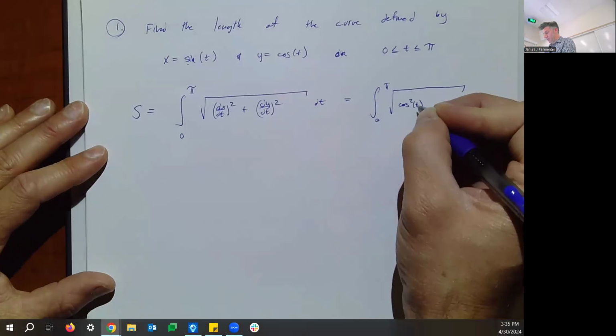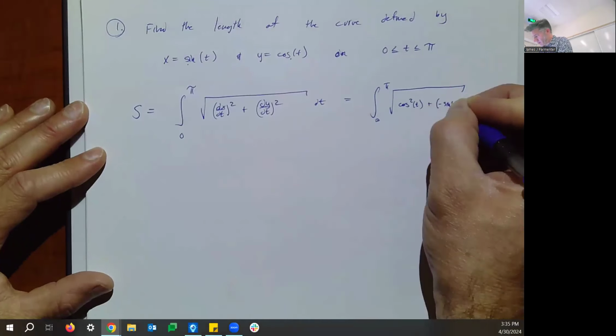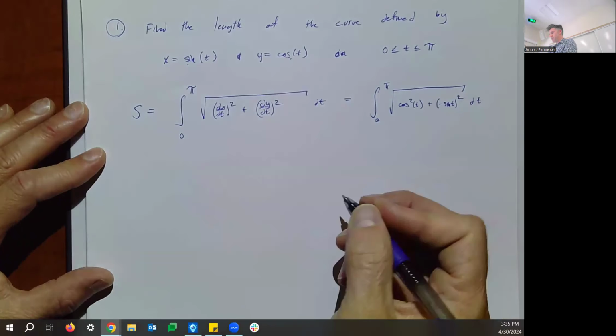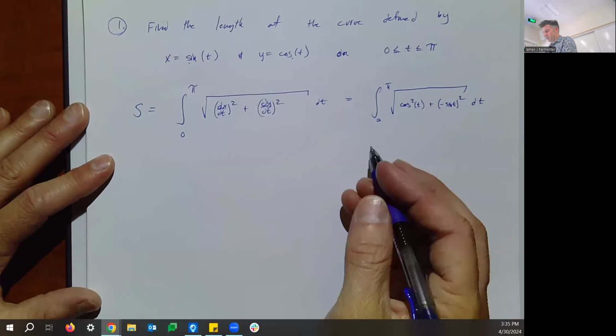And the derivative of cosine is negative sine, so that's going to be plus negative sine of t squared dt. But then, what do we have inside that square root?